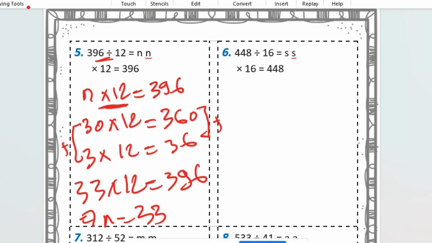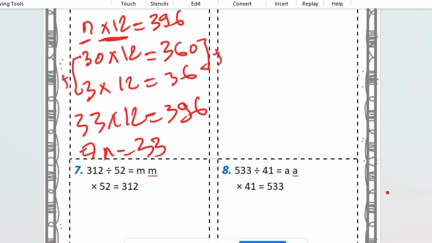And now we start to multiply numbers by 12 to get close to 396. So we started with 30. 30 times 12 is 360. Now we needed 36 more. So 3 times 12 is 36. We add 30 plus 3, which is 33. So our n is 33.